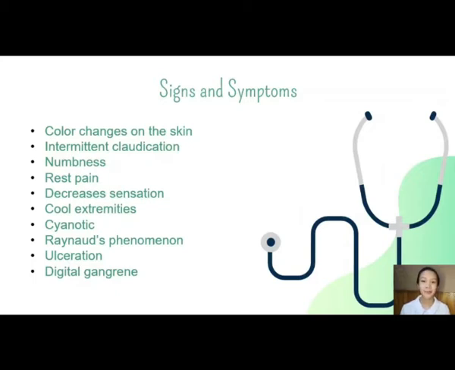Rest pain, meaning there is pain even at rest. Decreased sensation, cool extremities, cyanosis, and Raynaud's phenomenon, a problem that causes decreased oxygen to the fingers. I will show you pictures of these signs and symptoms later. Next, we have ulceration and digital gangrene.